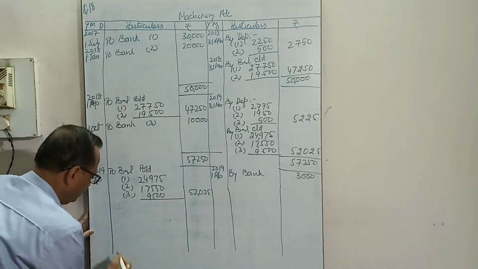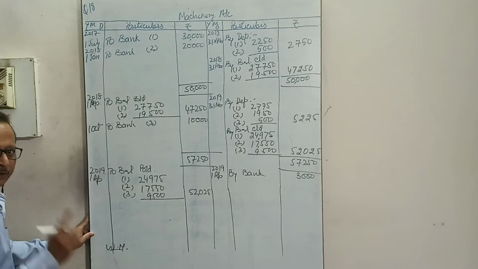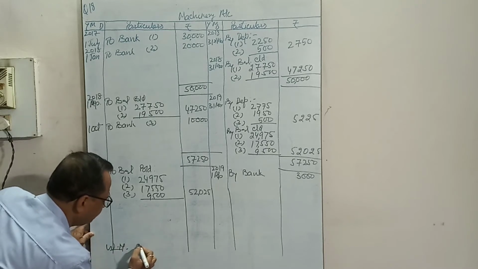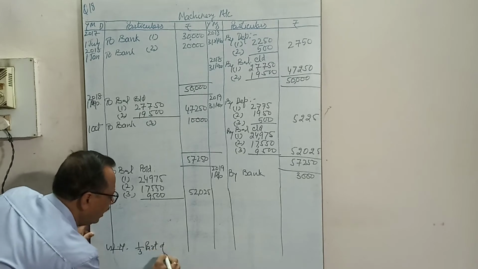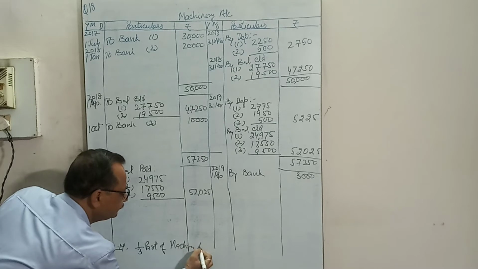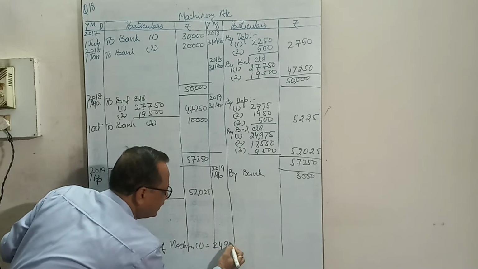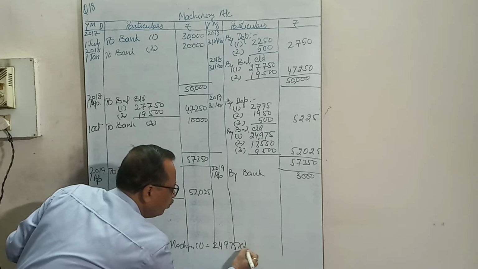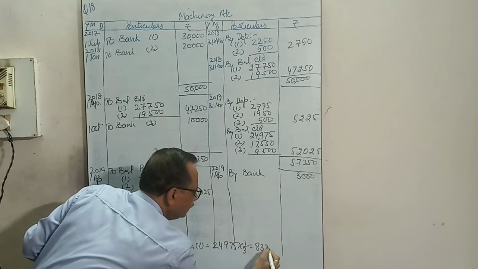So first of all, you see in working note, the 1/3 part of machine number 1, it is 24,975 into 1/3.